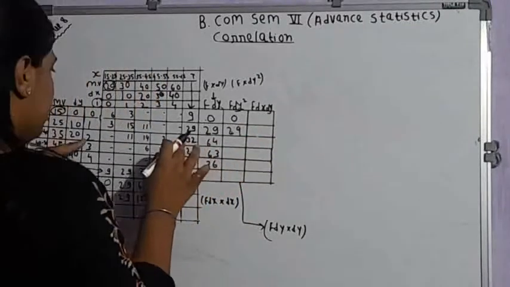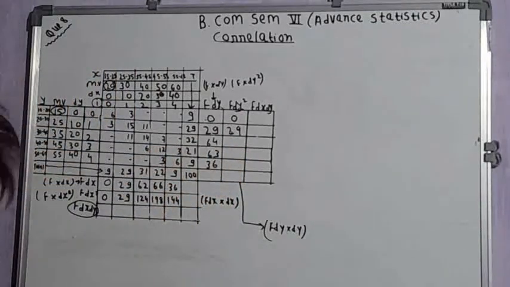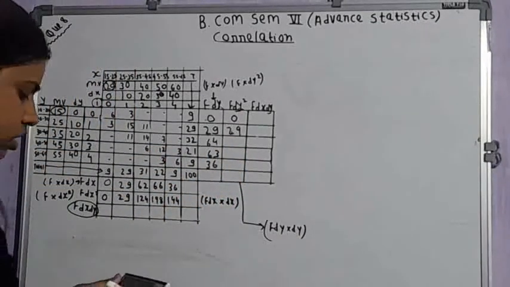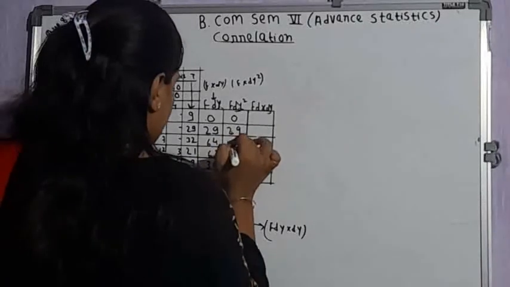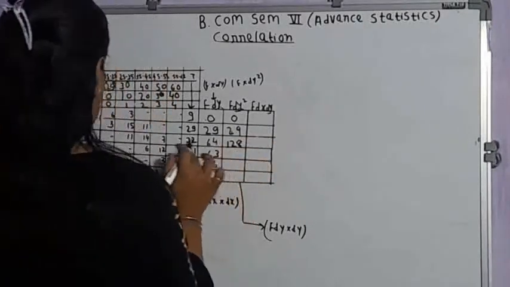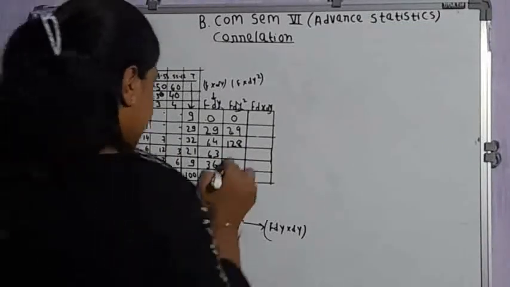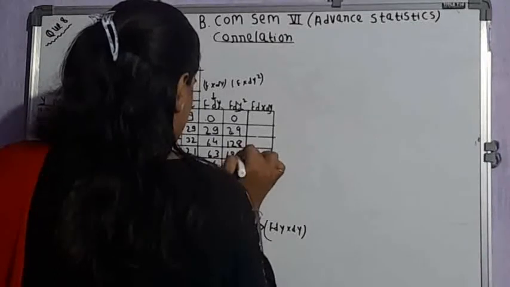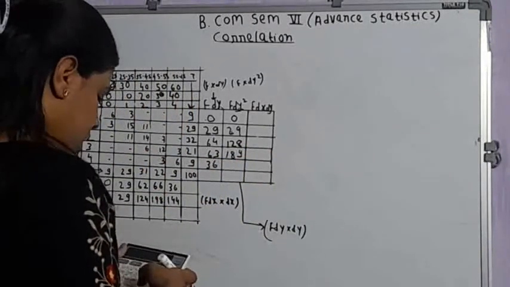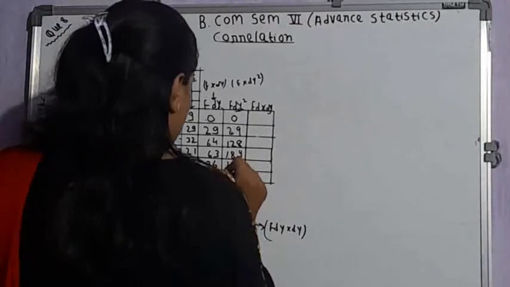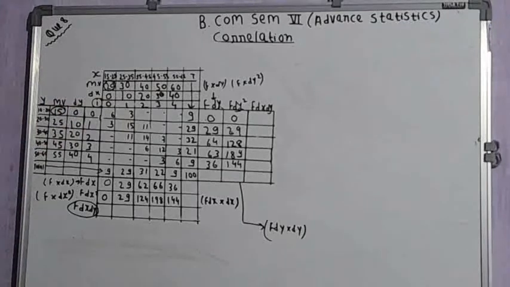Then 64 into 2, it would be 128. Then 63 into 3, it would be 189. Then 36 into 4, it would be 144. So this way we have calculated f dy square as well.